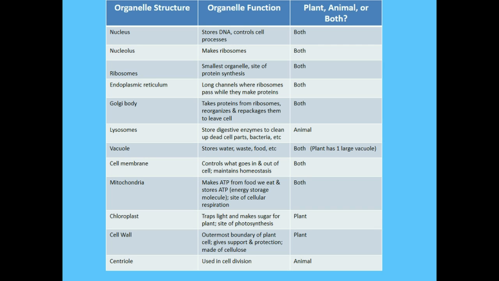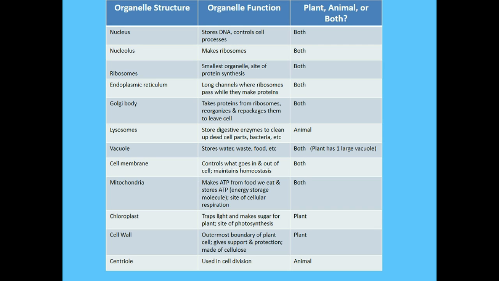The nucleolus's job is the ribosome. Ribosomes are for protein synthesis. They make our proteins. Endoplasmic reticulum, or ER, is basically pathways for our lipids and our proteins that are made there. The Golgi body is going to be like your packaging center. It takes in, modifies, and repackages all the proteins and lipids and sends them out, typically outside the cell.